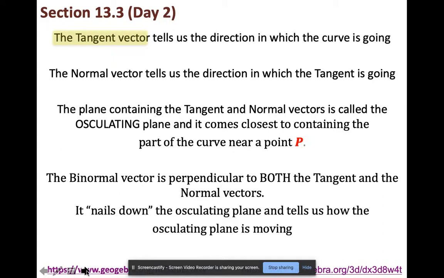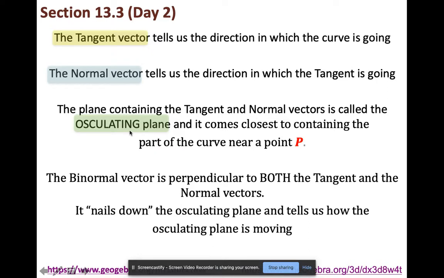So the tangent vector, again, talks to me about the direction in which the position is going. The normal talks to me about the direction in which the tangent is moving, the first derivative. Then there's a special name, the osculating plane, for that plane that contains the tangent and the normal.